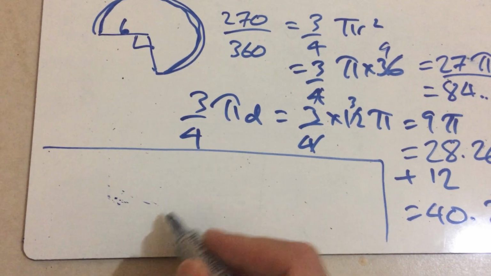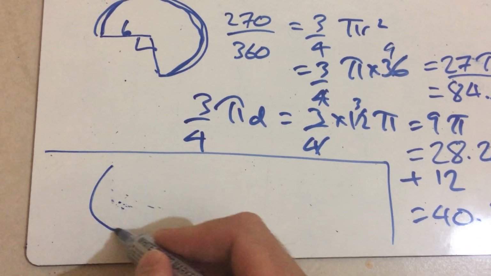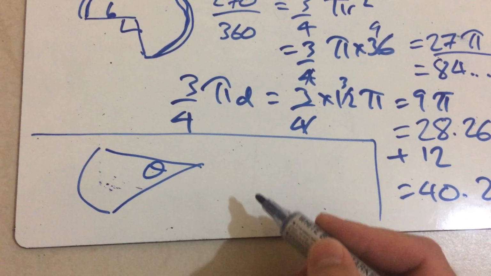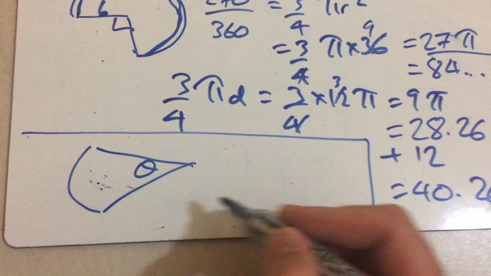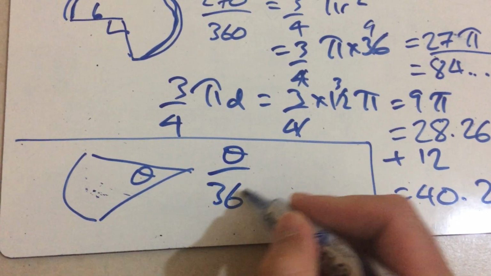Okay, a couple of other things just to think about. We might be asked about sector area or arc length. So if we have part of a circle with an angle there, theta, we need to know what fraction that is of the whole circle. Remember, whole circle is 360 degrees.